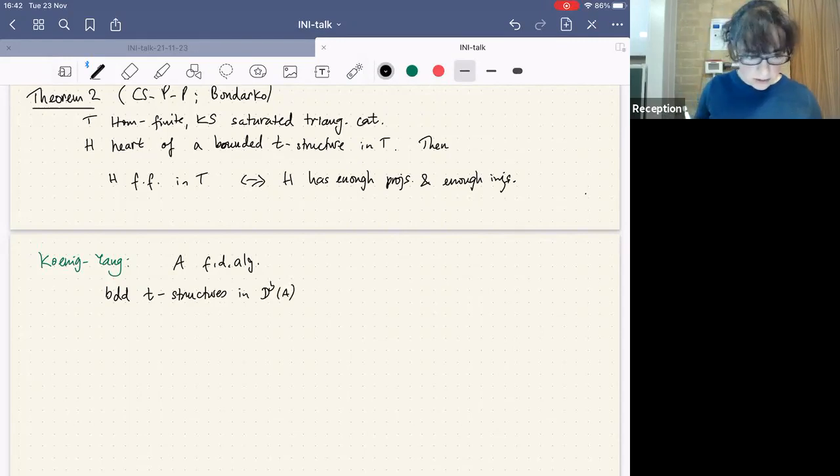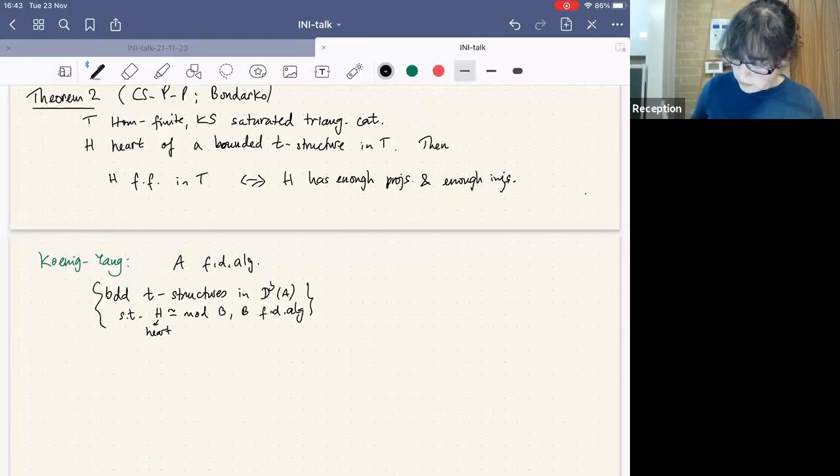with a heart such that the heart is given by a module category for some algebra, and there's a bijection between this and the simple-minded collections in the bounded derived category.